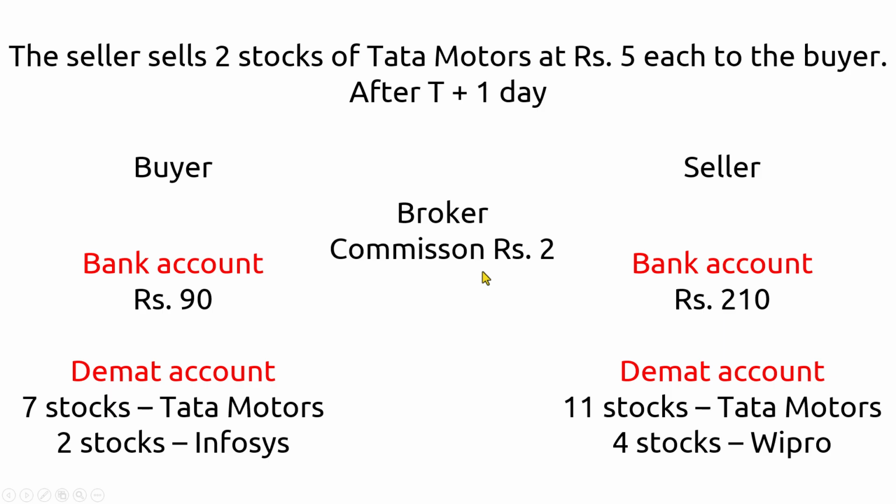And ultimately, that is what will be reflected in the bank accounts of the buyer and seller. Okay? Now there are extra charges also, other charges, taxes, which I have not included in this. Alright? Yes. Now, why do brokers take commission?